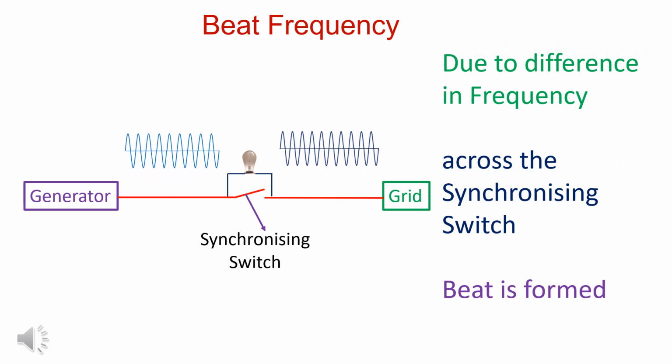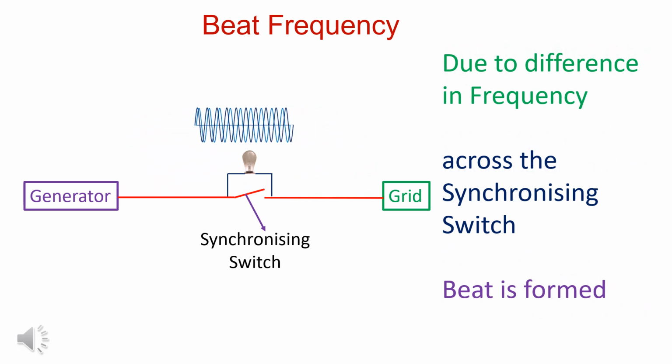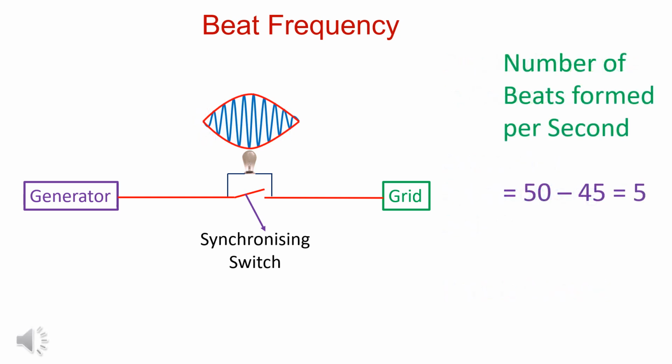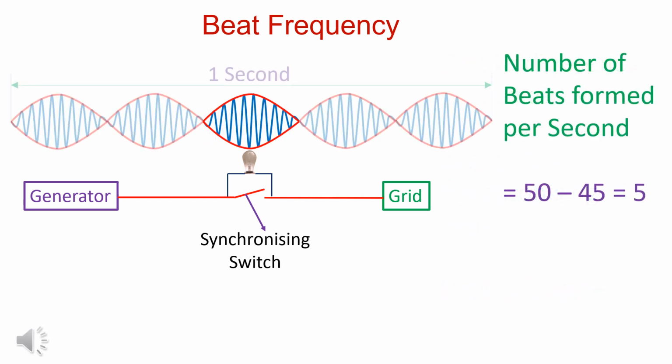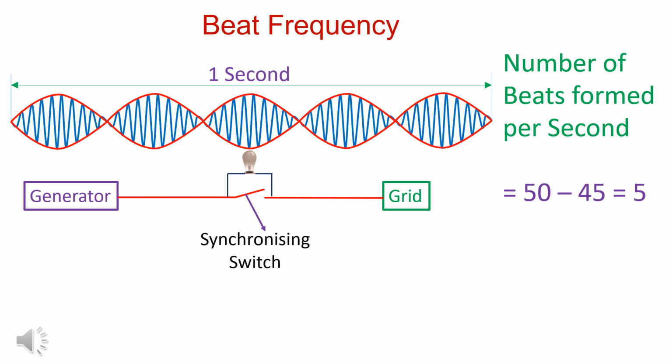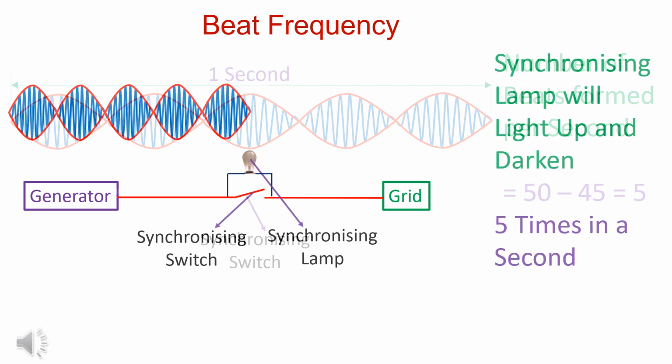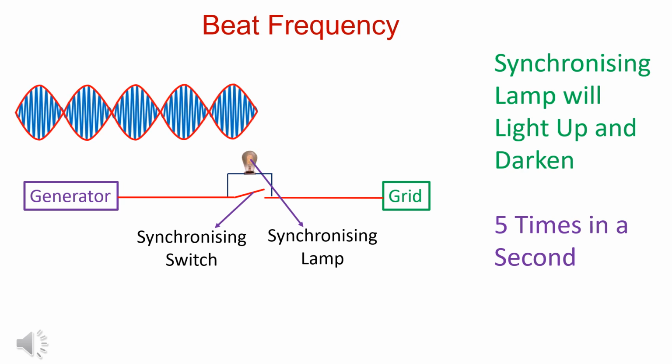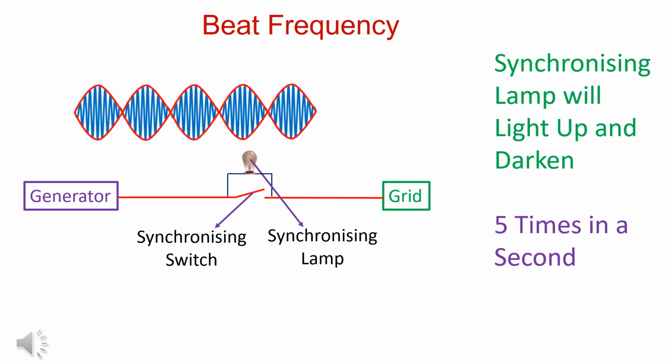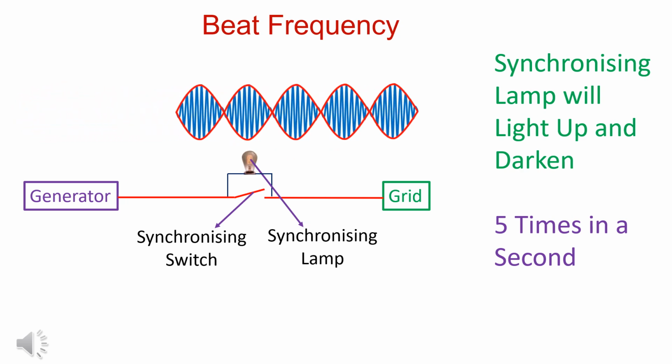The difference in these frequencies produces beat. The number of beats formed are 50 minus 45 equals to 5 per second. The lamps lighten up and darken 5 times per second.